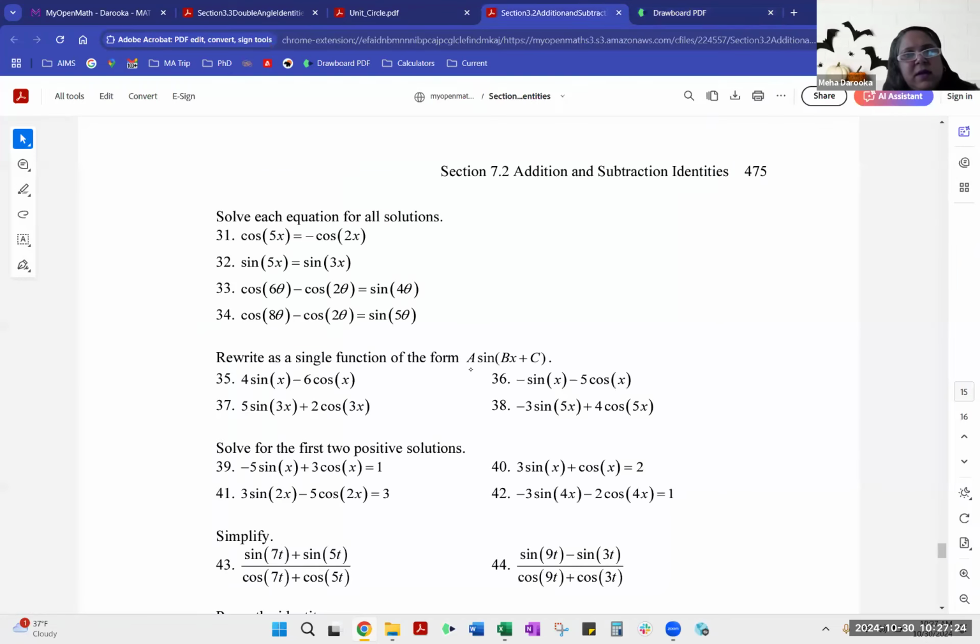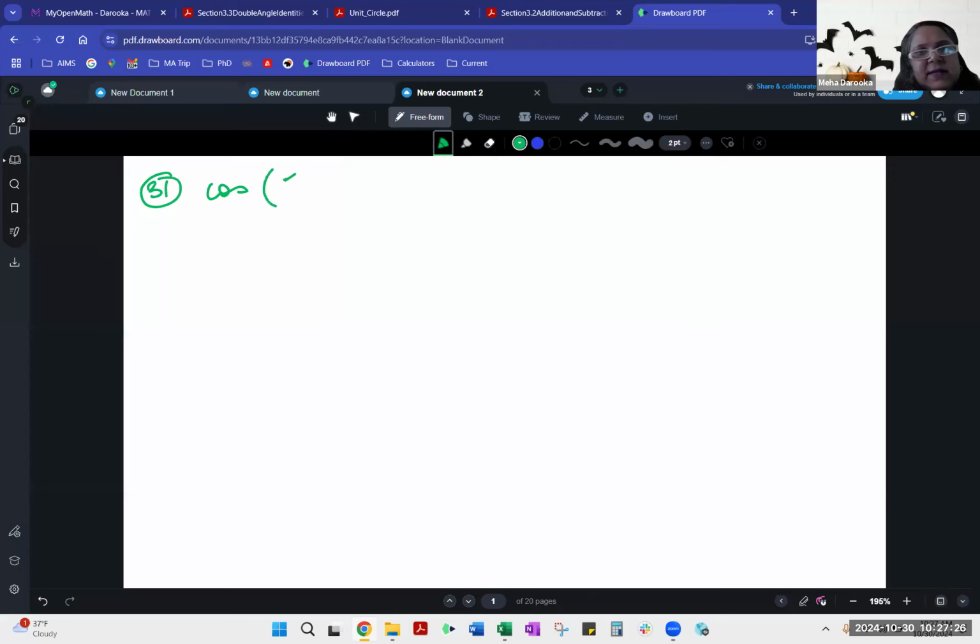Alrighty. So let's copy that over so you guys can get a little bit of practice on that. So this was number 31. And we are given cosine of 5x equals negative cosine of 2x. Obviously the first thing we want to do is move that cosine of 2x to the left-hand side.